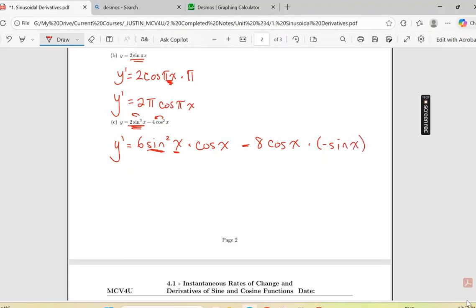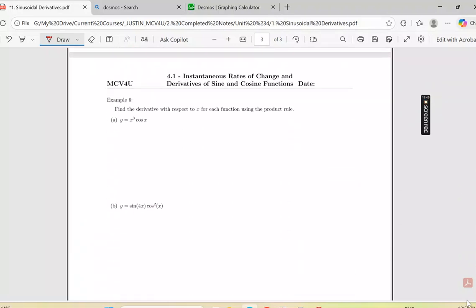Okay, so now I've got y prime is equal to, just simplifying this, to give me 6 sine squared x cos x plus 8 cos x times sine x. And why is it a plus? Because 2 negatives.